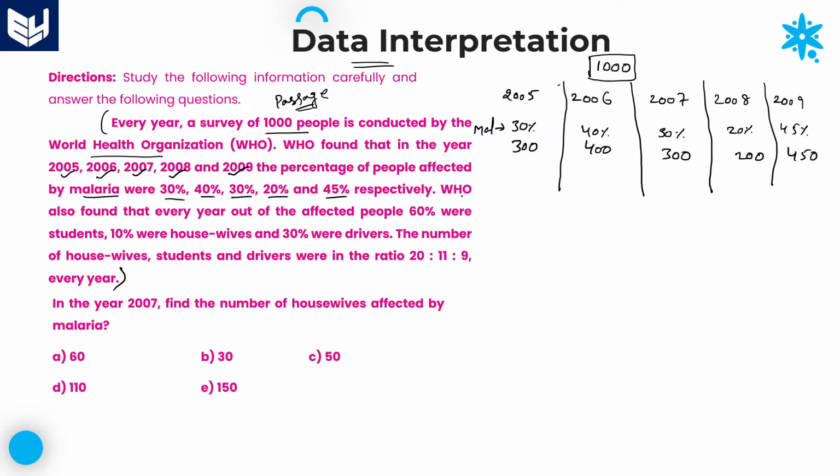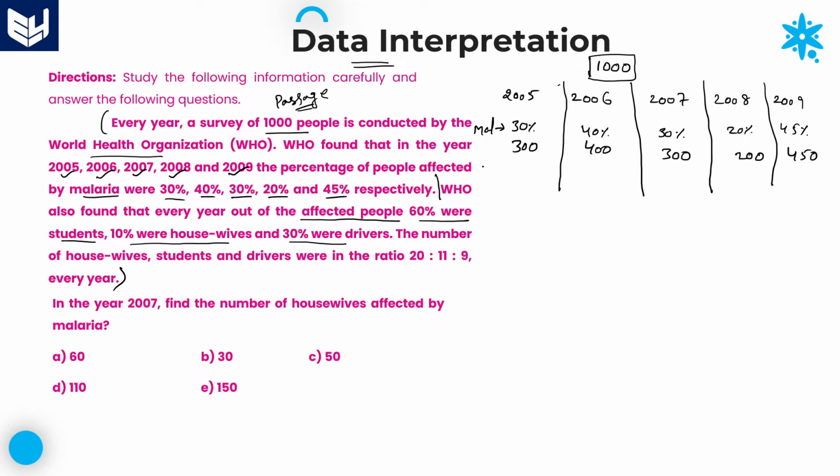Now, up to here the information is clear, and next, coming to the next statement, WHO also found that every year out of affected people, 60 percentage were students, 10 percentage were housewives, 30 percentage were drivers.